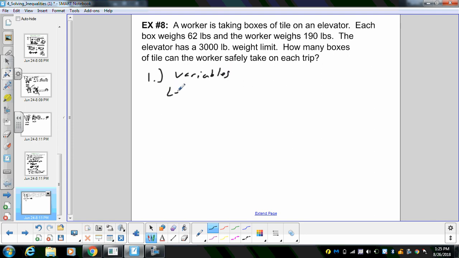We're going to let B equal the number of boxes of tile. 2, we're going to make our statement of inequality for the situation.